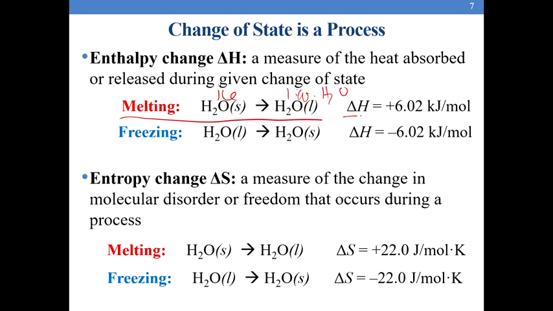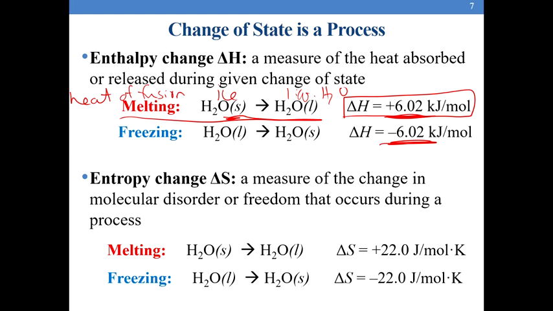You have an enthalpy value here, that is the heat that is released if you're going from a liquid back to a solid, or the heat that is absorbed by the system if we're going from solid to liquid, the melting component. Okay, so by the way, that may sometimes be called heat of fusion.